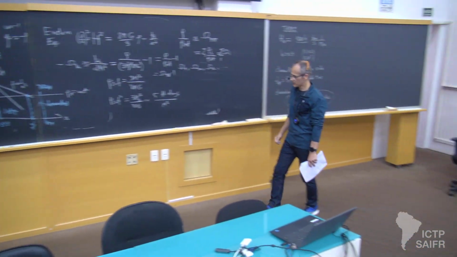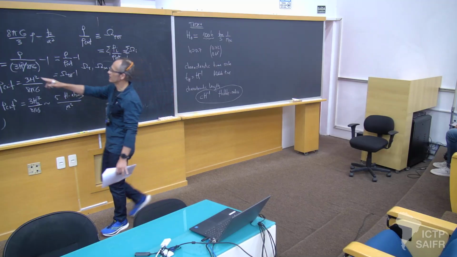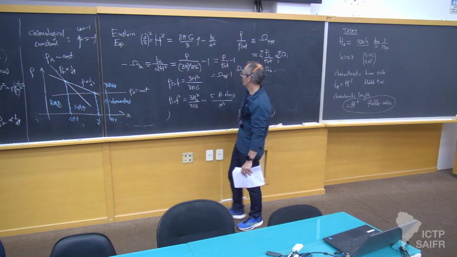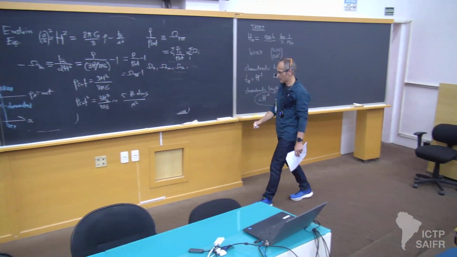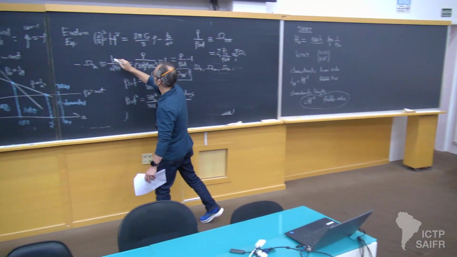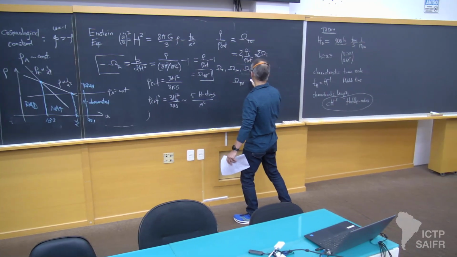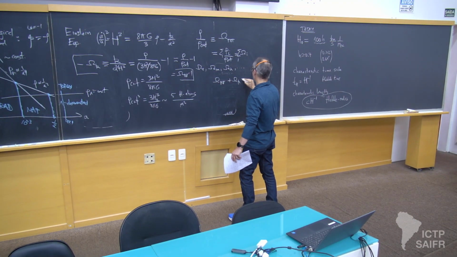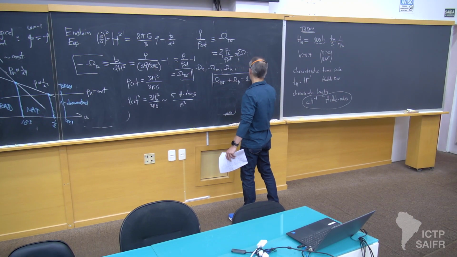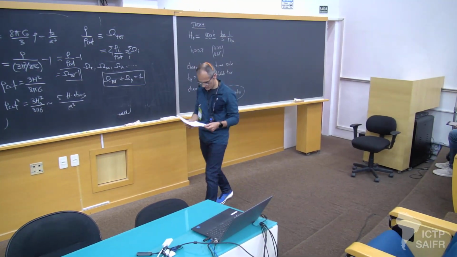That's just a definition with little physical meaning. It's just a mathematical definition of getting the curvature in the same units as the rest of the components. So you can see then that always the total omega plus the curvature omega is equal to 1. Okay, that's just by definition.